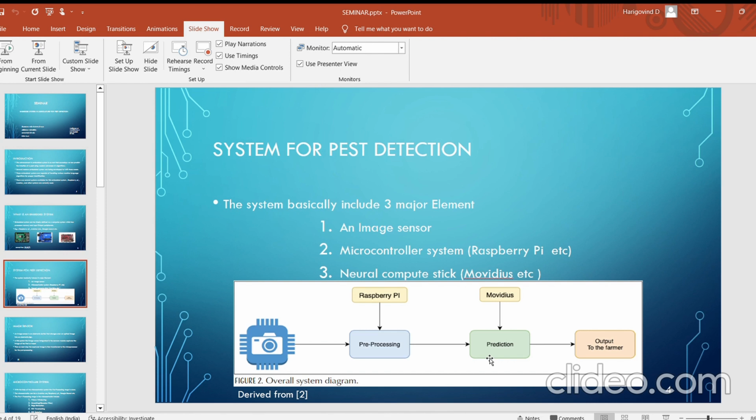The second is a microcontroller system. For example, I have included the Raspberry Pi here.